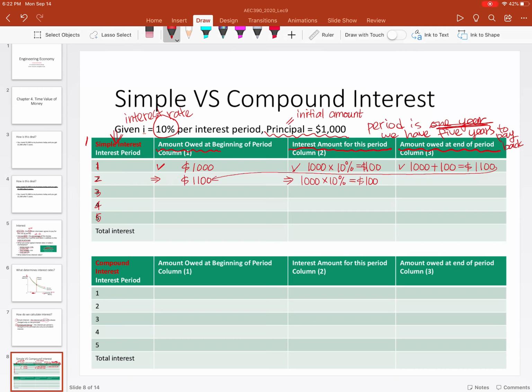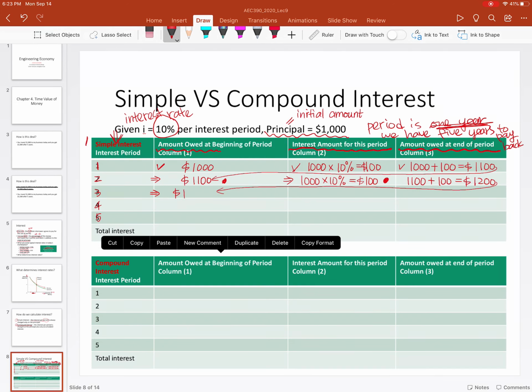And then the amount owed at the end of the second year will be how much you owe at the beginning, this number, plus the interest. So it's going to be 1,100 plus 100. That will be 1,200 US dollars. Okay, and this 1,200 US dollars will be how much you owe at the beginning of the third year. So entering the beginning of the third year, you owe the bank 1,200 US dollars.